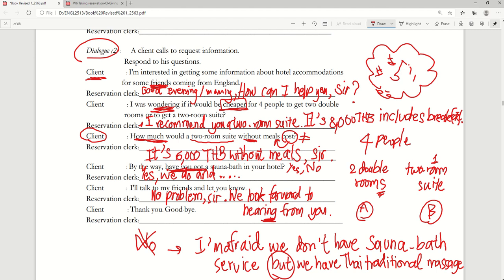Now this is the pattern. Thank you, goodbye. And you have to say, have a nice day. Oh, sorry. Goodbye.